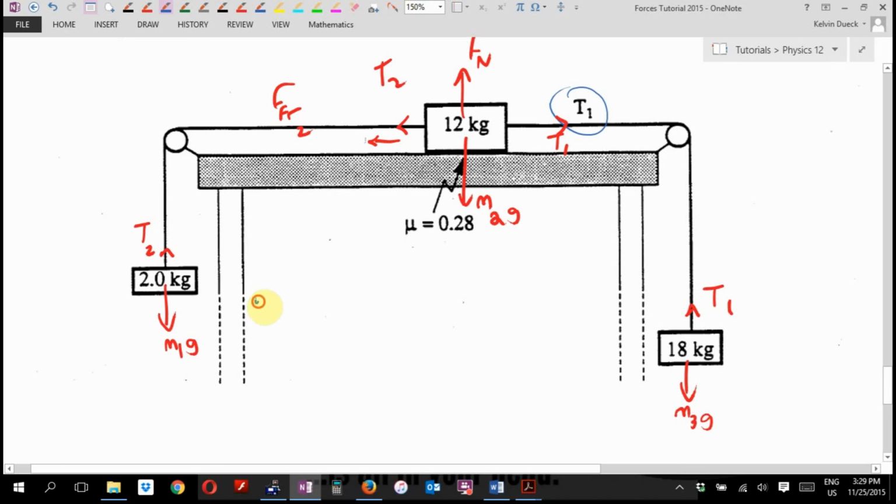It's going to be M3G, minus tension 1 plus tension 1, and then minus friction force 2. I'm not going to put M2 in because it's not in the same direction as the rope. And then minus tension 2 plus tension 2 minus M1G, and that equals the mass of all of them times A.